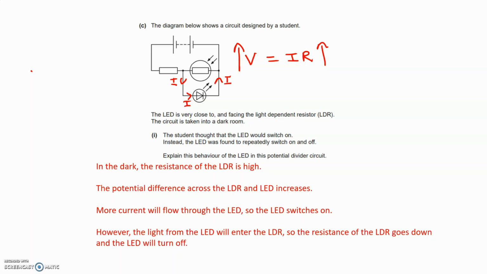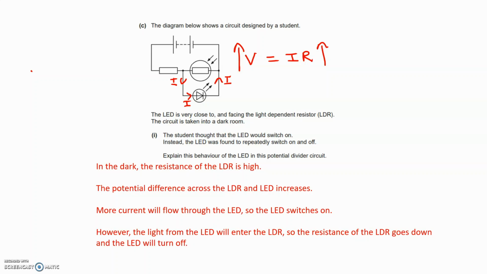The light that's emitted from the LED will enter the light dependent resistor, and so the resistance of the LDR goes down. And if the resistance of the LDR goes down, then the LED will turn off.